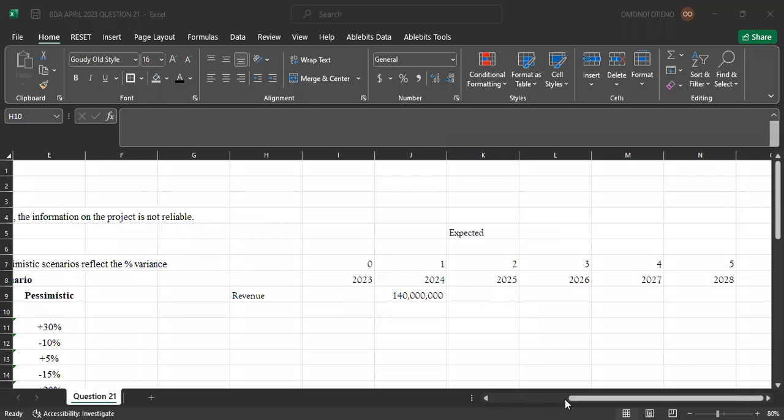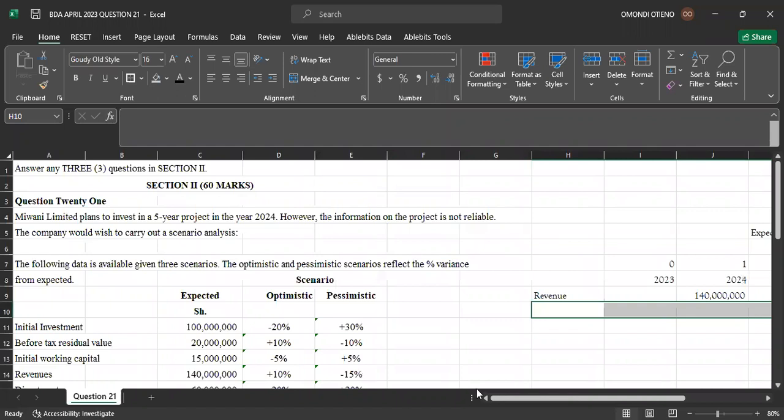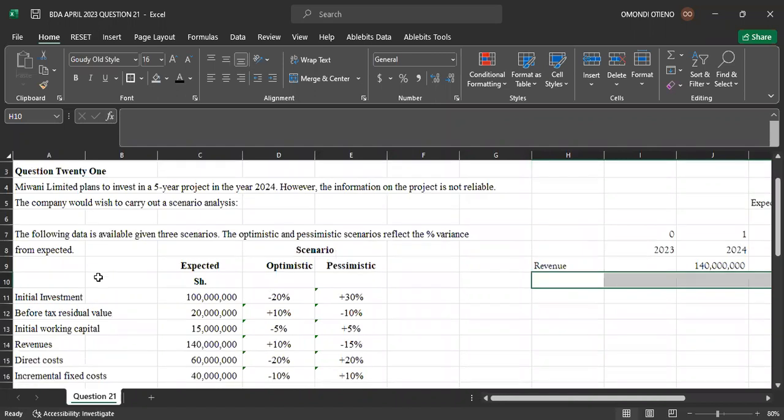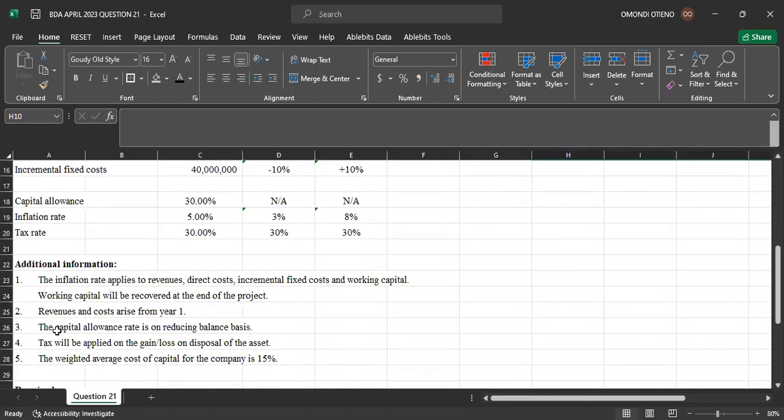Then when we now move down here, the capital allowance rate is on reducing balance basis, not straight line, reducing balance basis. So you are going to get the net present value. We are not going to have a constant capital allowance because it is on reducing balance basis.